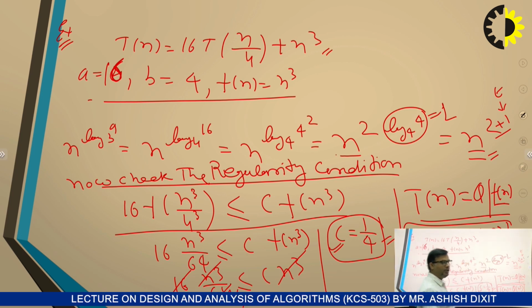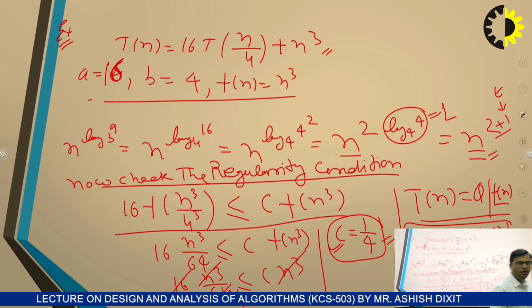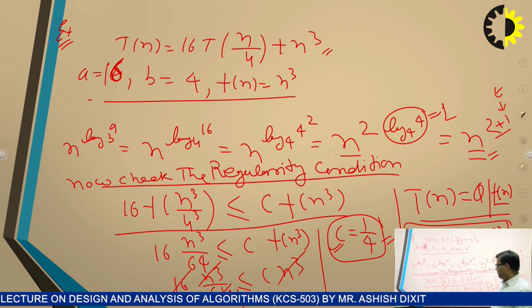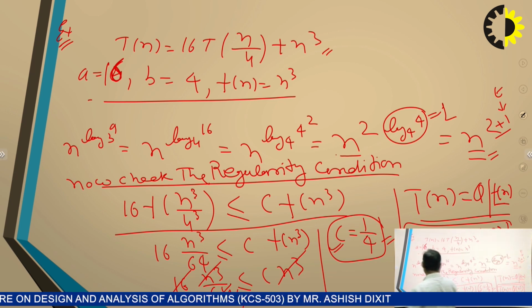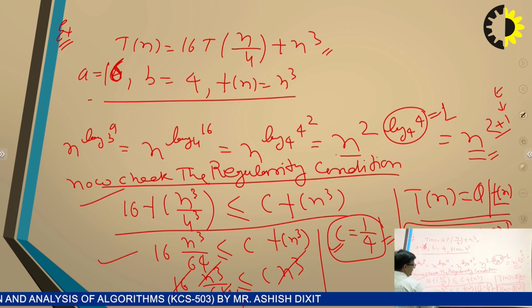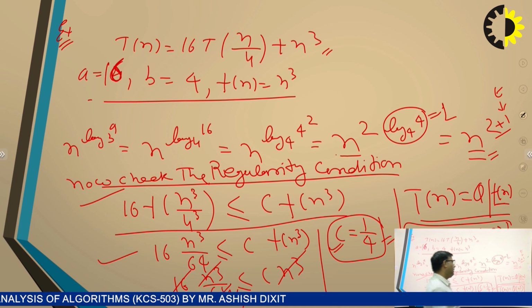This is the resultant of case 3. In case 3, we check the regularity condition. After the regularity condition, we get the time complexity T(n) equals theta n cube.